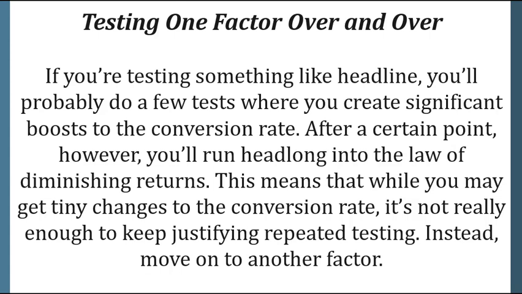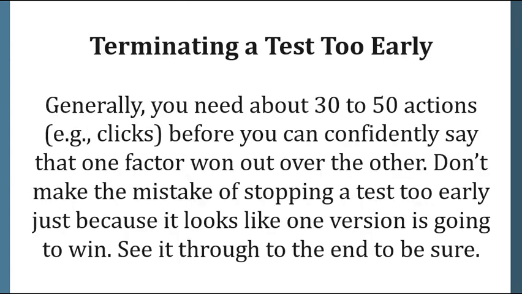After a certain point, however, you'll run headlong into the law of diminishing returns. This means that while you may get tiny changes to the conversion rate, it's not really enough to keep justifying repeated testing. Instead, move on to another factor.